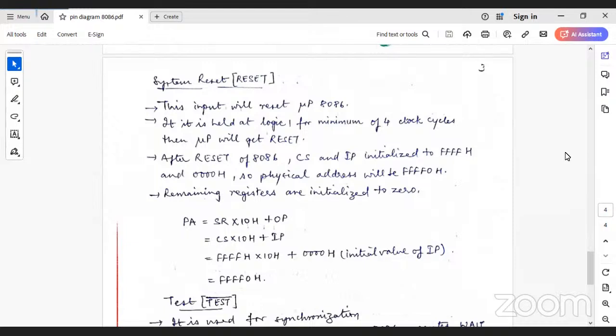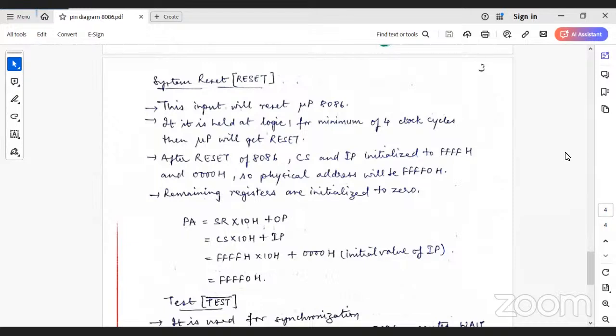If it is held at logic 1 for a minimum of 4 clock cycles, it is not 1 clock cycle. Please see that point. For 4 clock cycles, only then is the microprocessor reset. Suppose by mistake you press that reset, it will not be activated because it is designed to wait till 4 clock cycles, then only it will get reset. And that particular pin is made to go to logic 1. So it is at VCC.